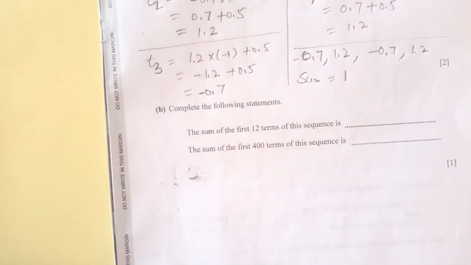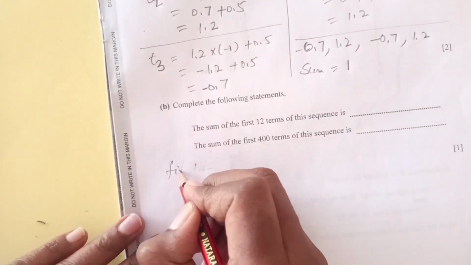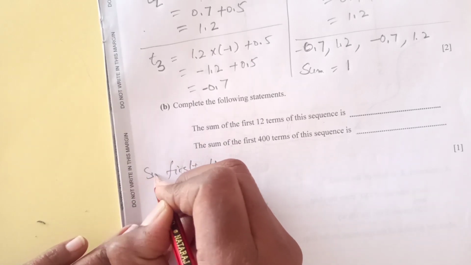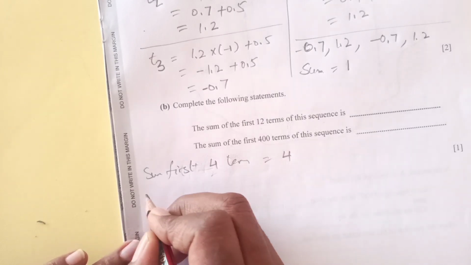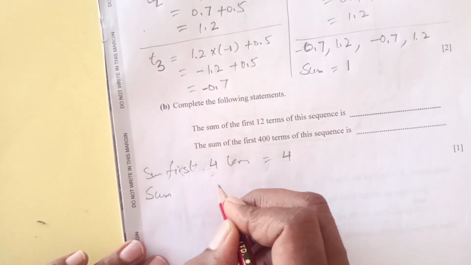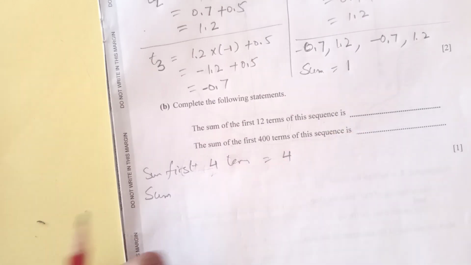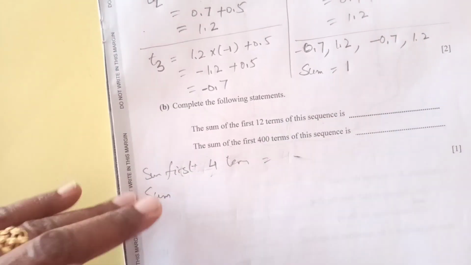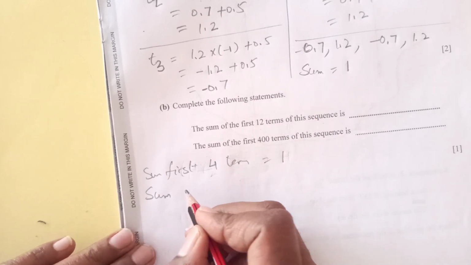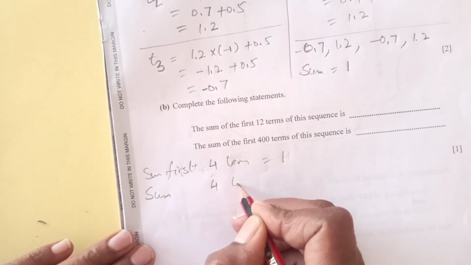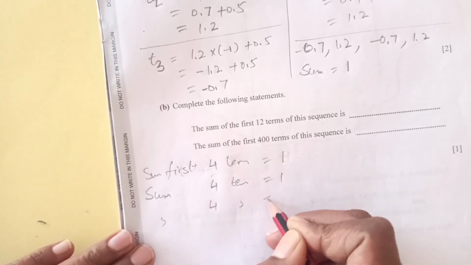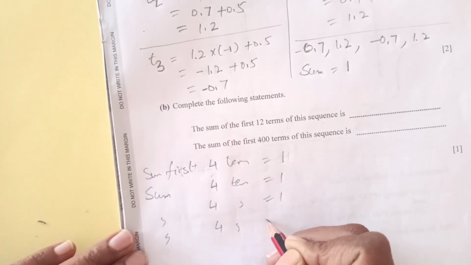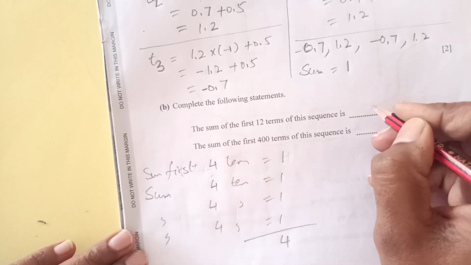The sum of the first 4 terms is 1, and the sum of the next 4 terms will also be 1, then the next 4 is 1, and the next 4 is also 1. So the sum of the 12 terms is 4, right?